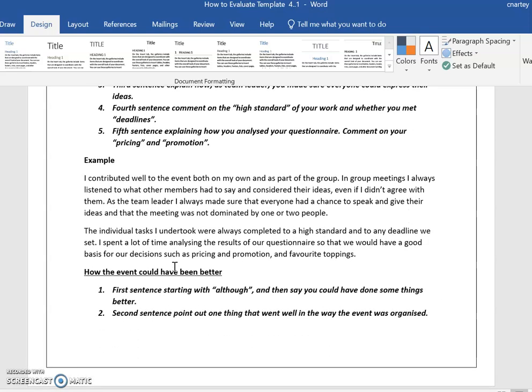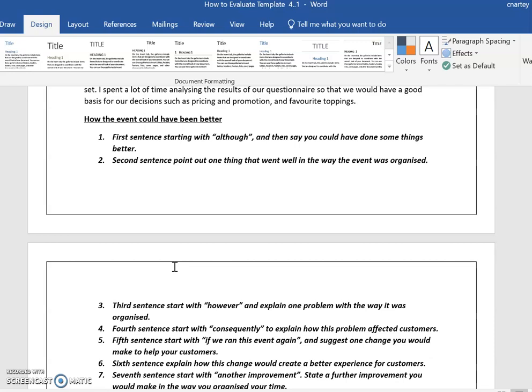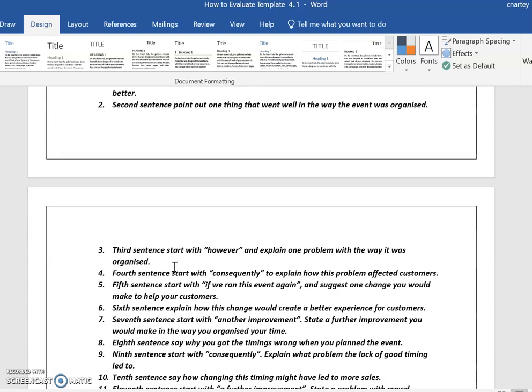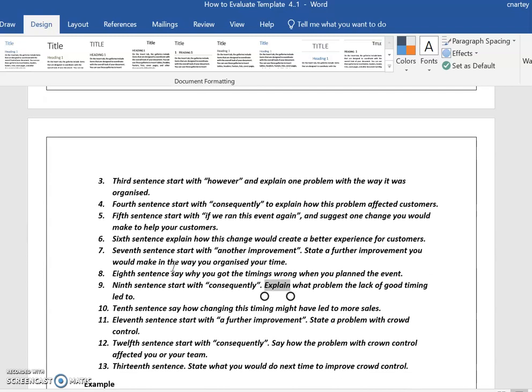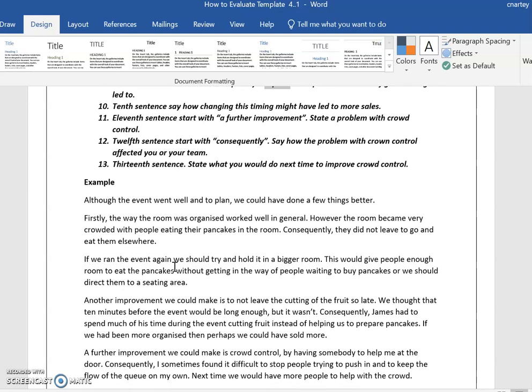Okay. Last section in there is how things could have got better. Okay, if you were going to do the event again, what kind of things would you take into consideration which you didn't? So again, I've got an example there of how to answer it. Got lots of words that we need to use, okay? But things like, you might want to talk about different pricing strategies.